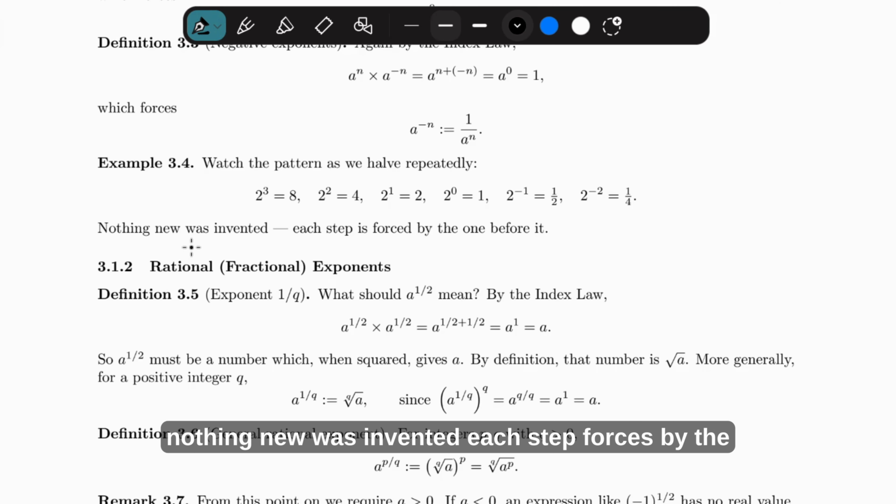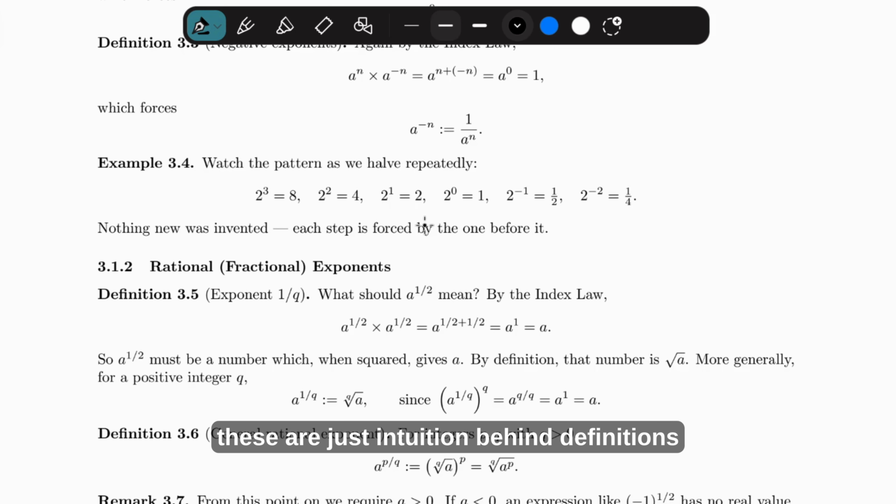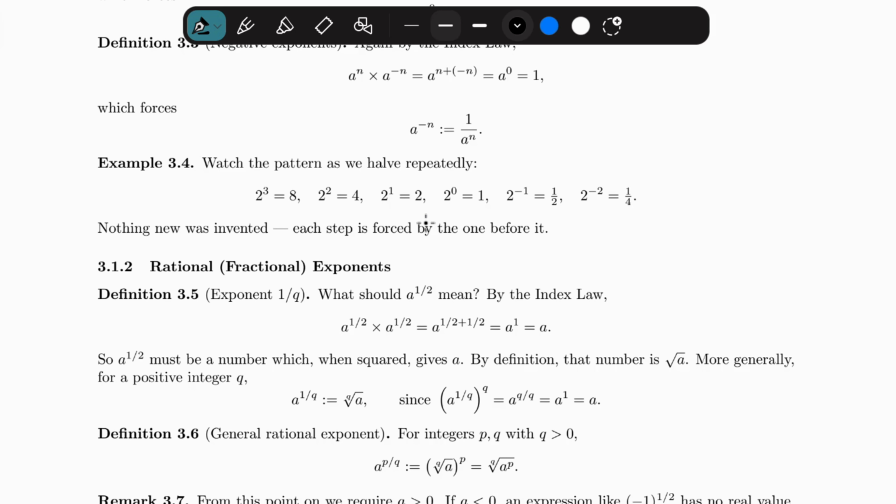Nothing new was invented. Each step is forced by the one before it. We already proved that in lecture 1. So these are just the intuition behind the definitions.